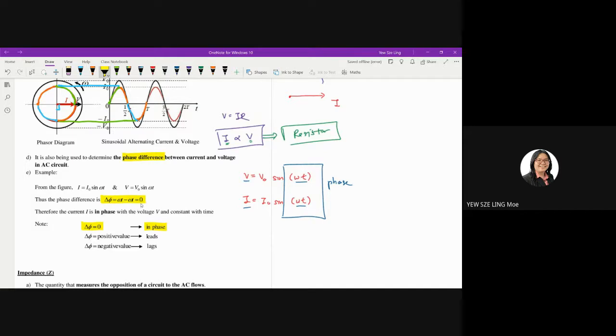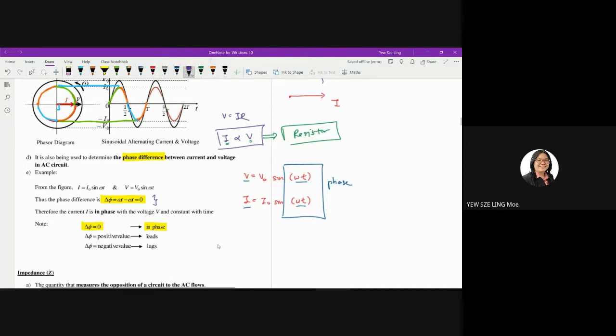So either you determine it from the sine wave, form an equation for them, and then calculate the phase difference using this method, or you look at the components given and sketch the phasor diagram straight away. From the phasor diagram itself, you should be able to tell which one is leading and which one lags behind.